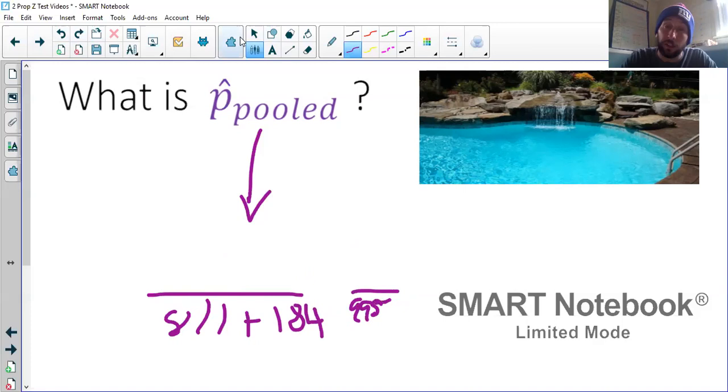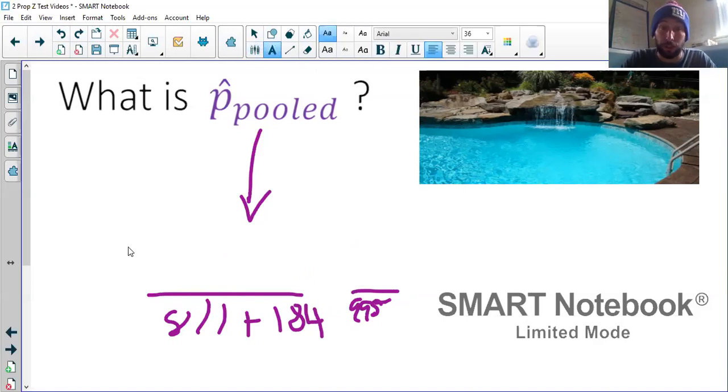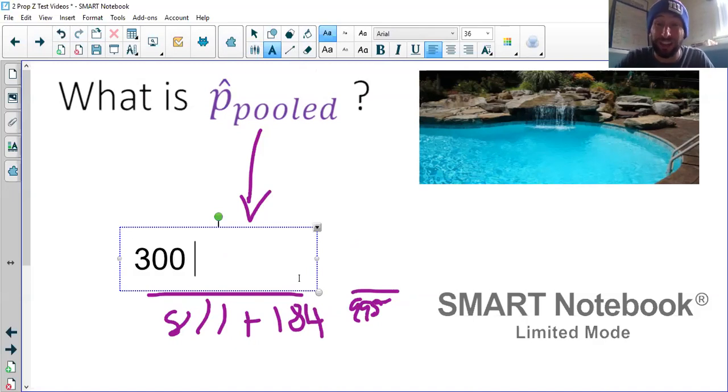Now in the numerator, I want to look at the actual numbers of people who snored. So my denominator here in purple represents the total number of people we had, 995, no big deal. In the numerator, my X value of the over 30 people, 300 of them snored. That was 37% of the 811 people.